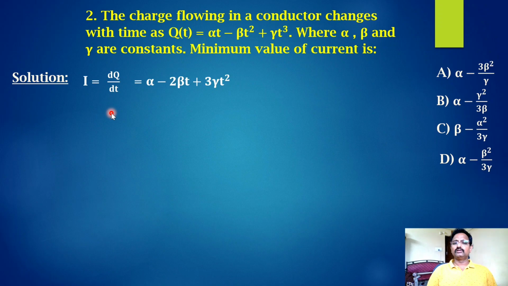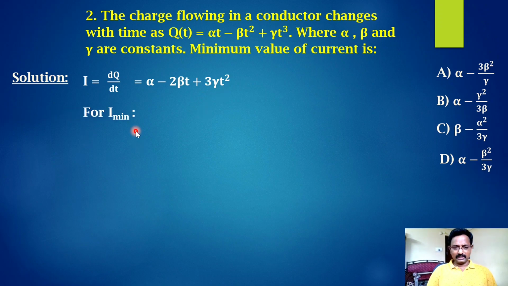So if you differentiate q with respect to t, the derivative of alpha t is alpha, the derivative of beta t square is 2 beta t, and the derivative of gamma t cube is 3 gamma t square.